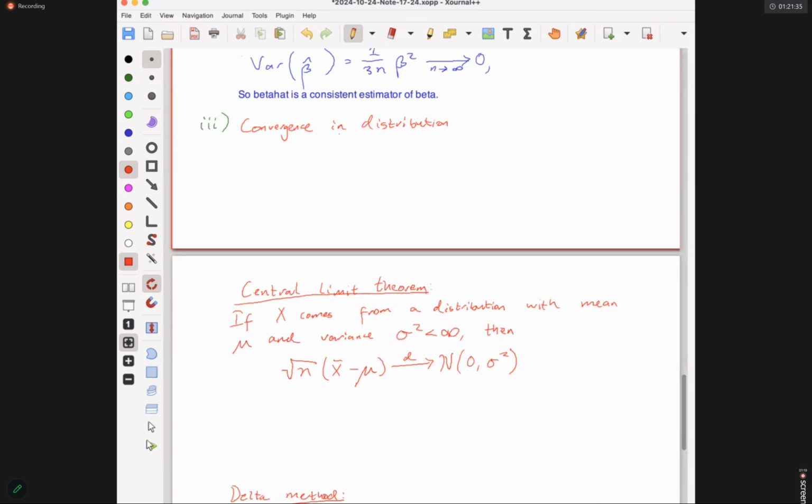So convergence in distribution, we say that a sequence of random variables converges in distribution to a variable x.